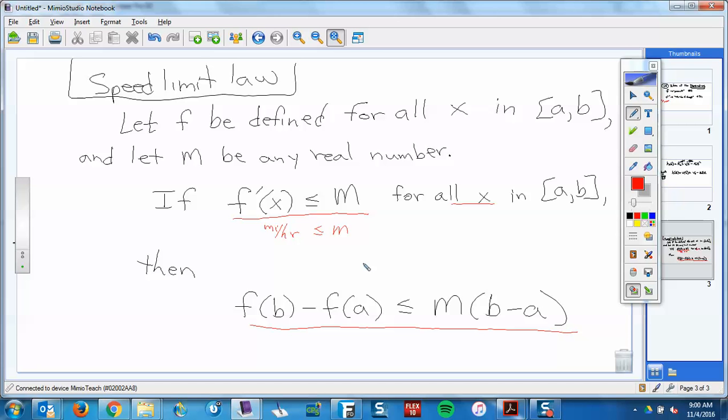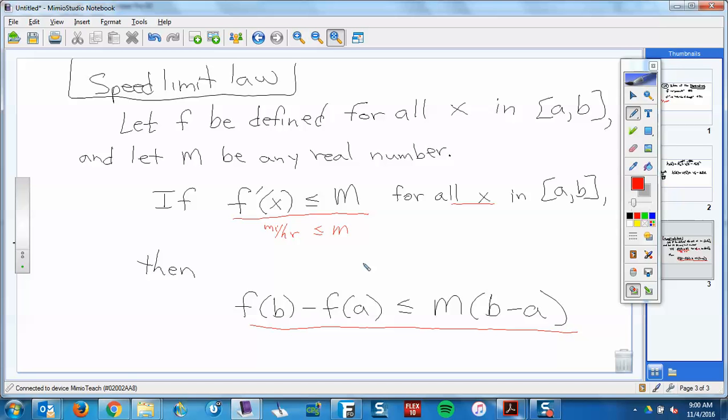Could be the speed limit, but speed limit's not 80 anywhere, right? Yeah, it's velocity, but more than that. So for my trip, yes, 80 is my max, right? My max velocity. Wouldn't that make sense?